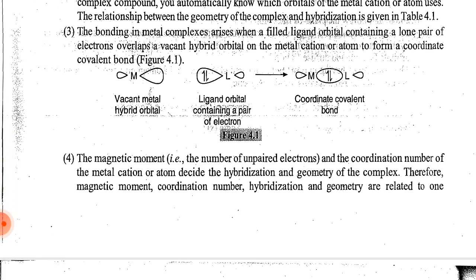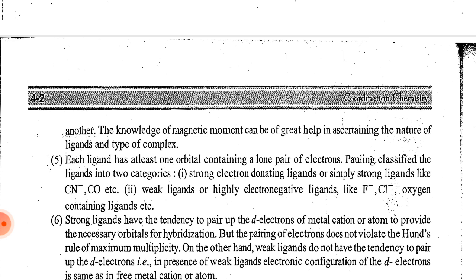The magnetic moment, that is the number of unpaired electrons, and the coordination number of the metal cation or atom decide the hybridization and geometry of the complex. Therefore, magnetic moment, coordination number, hybridization and geometry are related to one another. The knowledge of magnetic moment can be of great help in ascertaining the nature of the ligand and the type of complex.